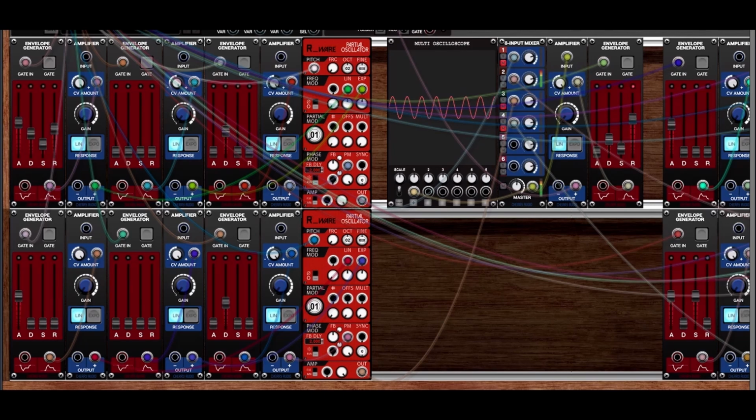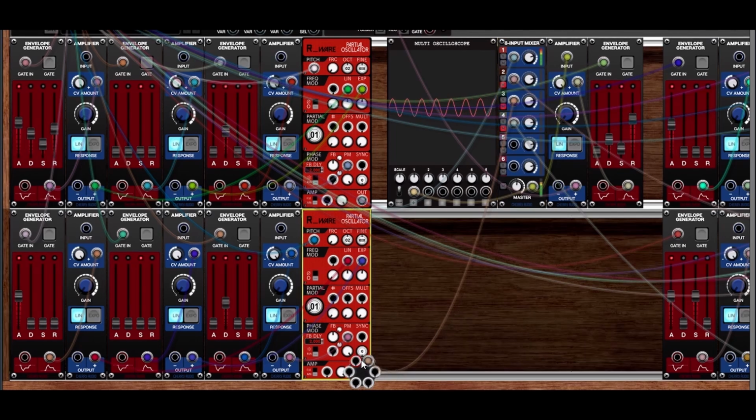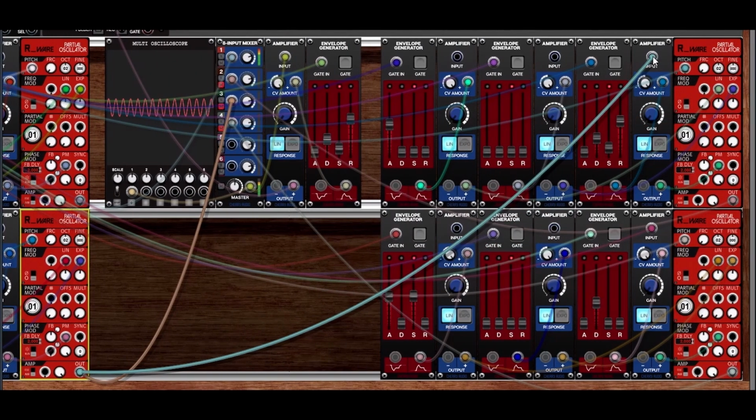Okay, there's only one operator sending its audio to the main audio out of Voltage Modular. It's operator 1. So I unmute mixer channel 1 and mute the other 3 mixer channels. So 3 and 4 are muted already. Then I patch the output of operator 3, this one here, to the phase modulation input of operator 2. Let me do so.